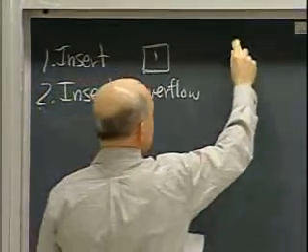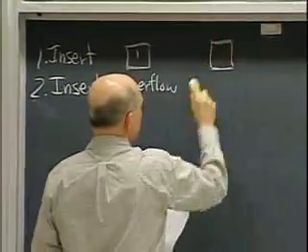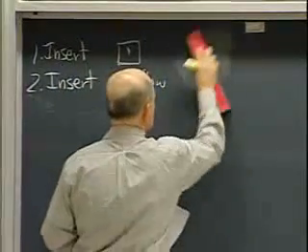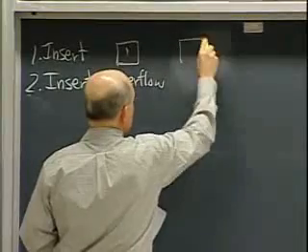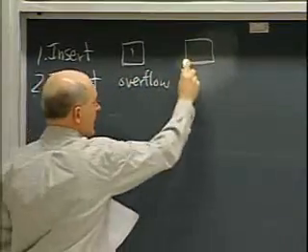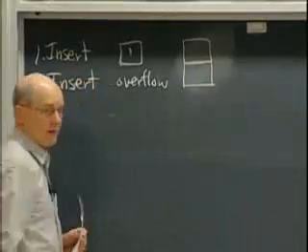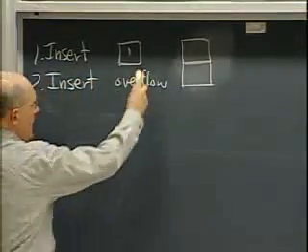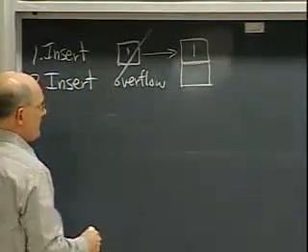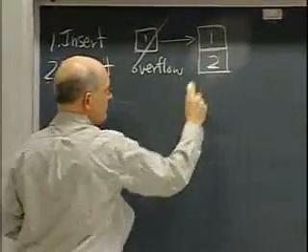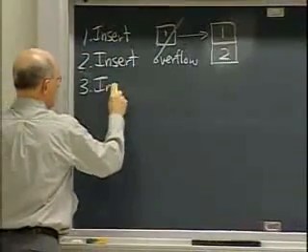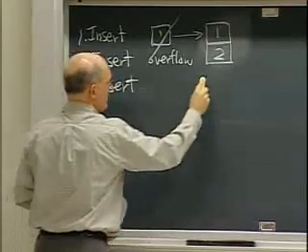So what I do is I create a new table of size 2, doubling the size. And I copy the old value into the new. I free this one, and now I can insert item 2. So I do it again, get another overflow.